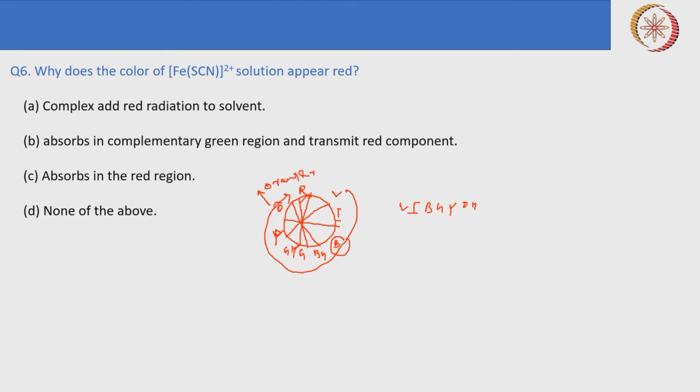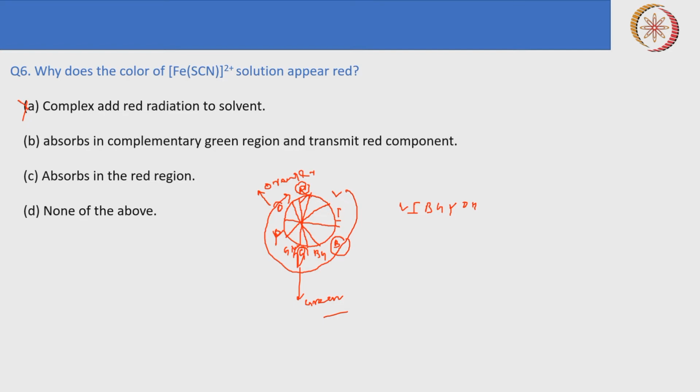Okay. So it is written, why does the color of the thiocyanate solution appear red? So it is showing red, which means its complementary color is green. So it is absorbing the green wavelength of light. For this it is showing the red color. So if you see that the complex added red radiation to the solvent, that cannot be the answer. Complementary color, so I have told you the complementary color.